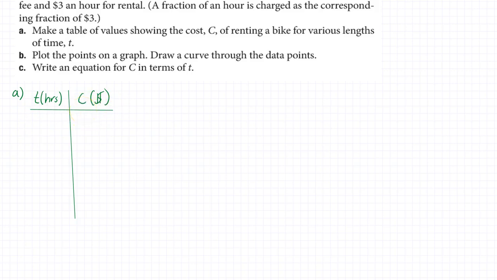If you don't know what numbers to start with, just start with some values of time. That usually represents an input. What makes sense as a number of hours that you could ride a bike? You could ride it for 0 hours, or 1 hour, or 2 hours, or 3 hours is a fine place to start.